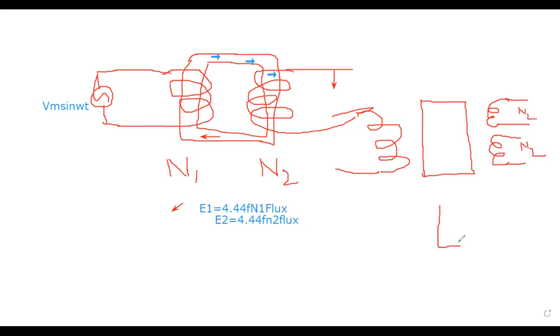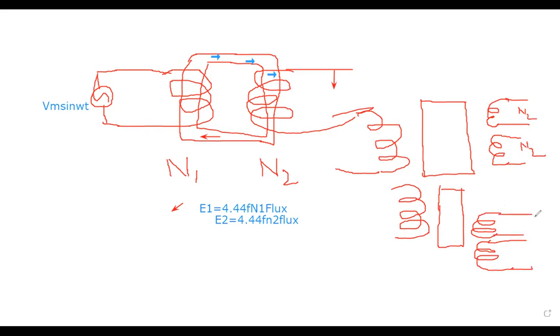Now suppose the transformer core is moved upward. That means only one winding, or only part of the turns, is linked with the secondary winding. What happened?